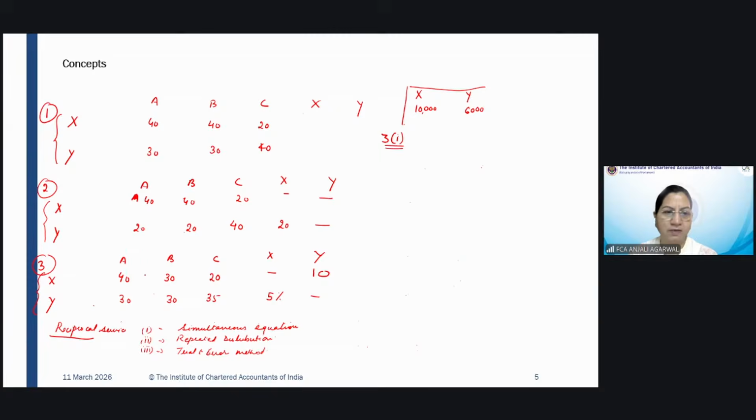But there is a problem that some part of X goes to Y and some part of Y goes to X. So what is X? X is 10,000. How much is X?